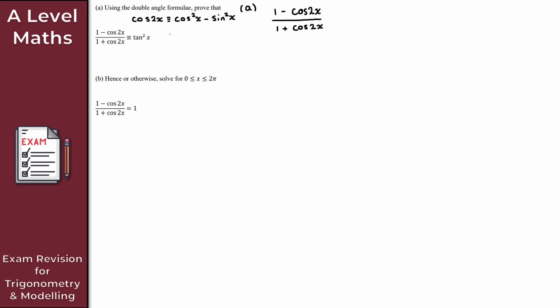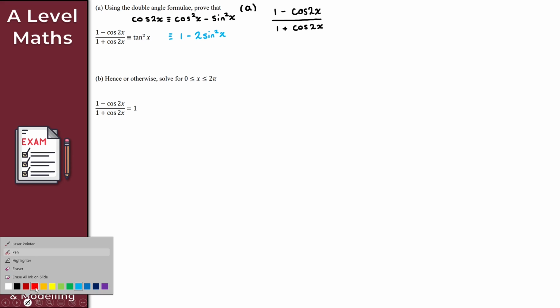So what we need to do here then is use the other two identities for cos 2x. So by using sine squared x plus cos squared x equals 1, we can substitute by rearranging and substituting in for cos squared x or sine squared x, and this leads to 2 further identities for cos 2x. So you should be aware then that cos 2x is also identical to 1 minus 2 sine squared x.